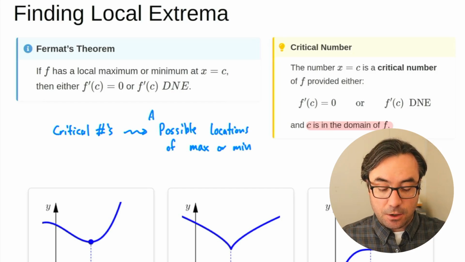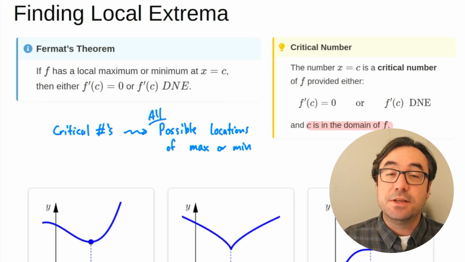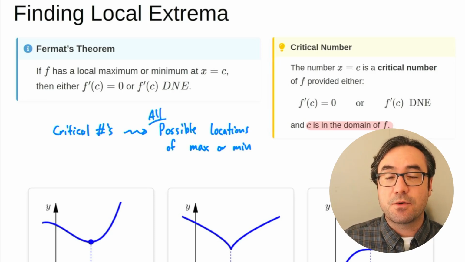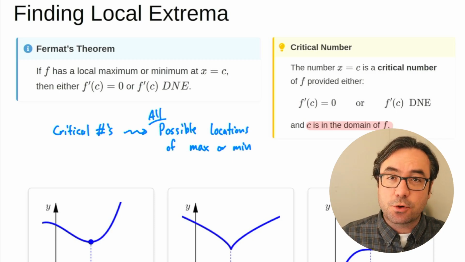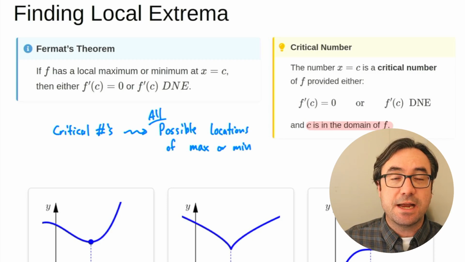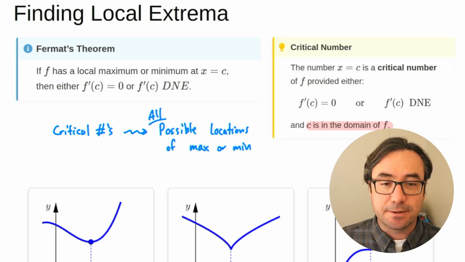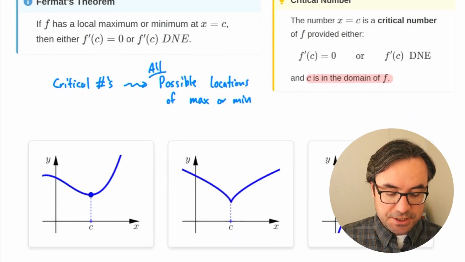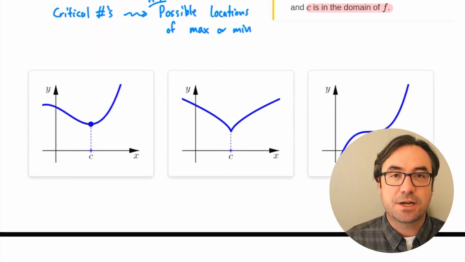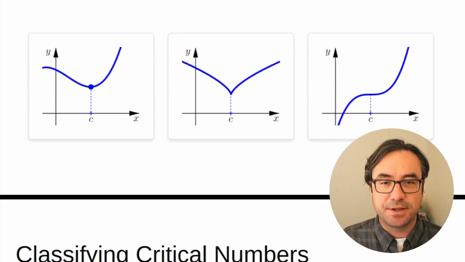And these are all, kind of importantly there, these are all possible locations for where our function has a max or a min. Now, just because something's a critical number doesn't necessarily guarantee that we're going to have a max or a min there. So let's just kind of see a couple graphs to illustrate this.